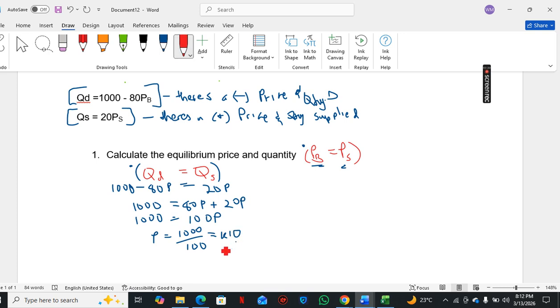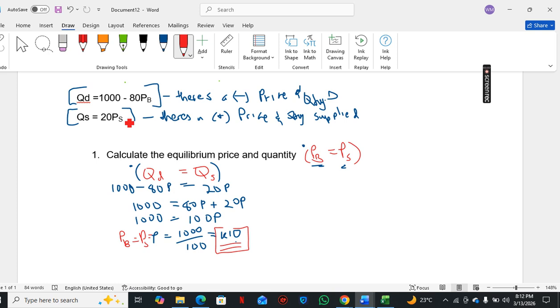Since you've already got the equilibrium price, you can substitute this 10 kwacha into either the supply function or the demand function. Okay? This price, which is PB and also equals PS, is 10 kwacha. So you can substitute it into any function and you have to get the same result.